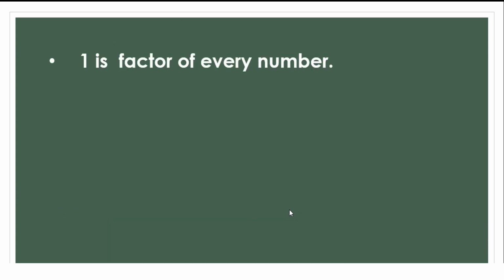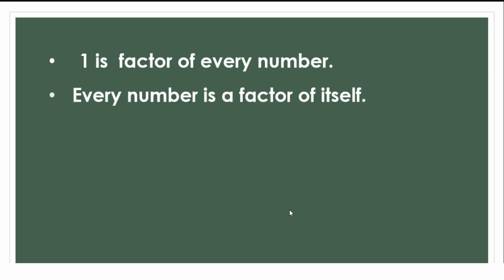Next, 1 is a factor of every number. Every number is a factor of itself. What does it mean? Example, 1 2s are, see, 1 10s are, 1 5s are, 1 23s are. All the numbers will have 1 as a factor, in addition to other factors also.